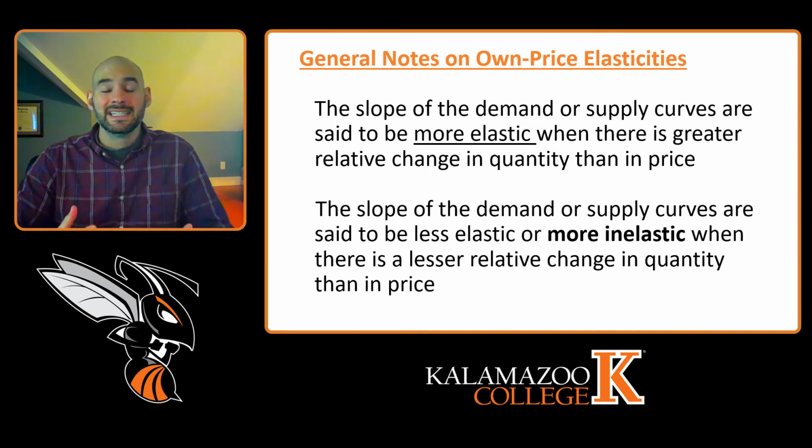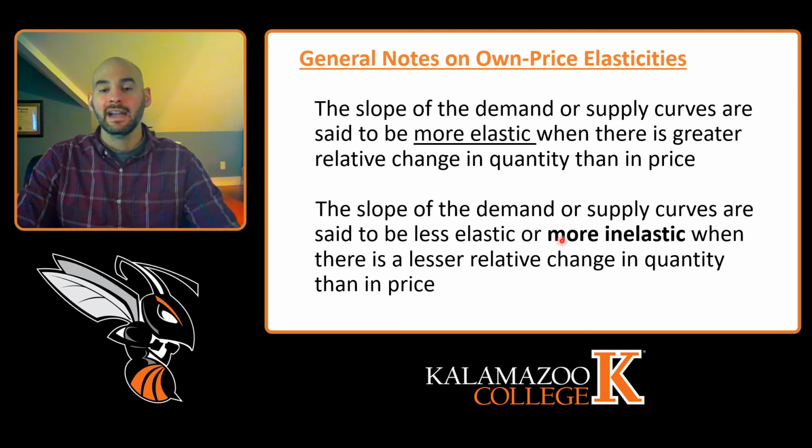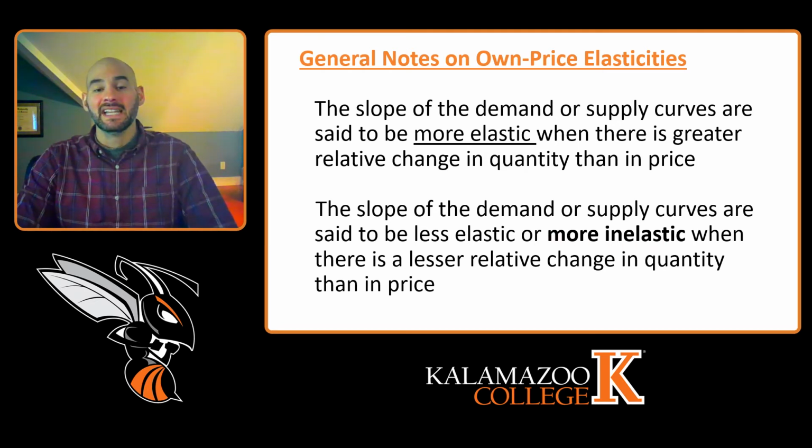So just to restate what we covered on the previous slide, we would think that the slope of the demand or supply curves are said to be more elastic when there is greater relative change in quantity than in price. And the slope of the demand or supply curves are said to be less elastic, or again here, more inelastic, when there is a lesser relative change in quantity than in price. And we will see that graphically on the next slide.